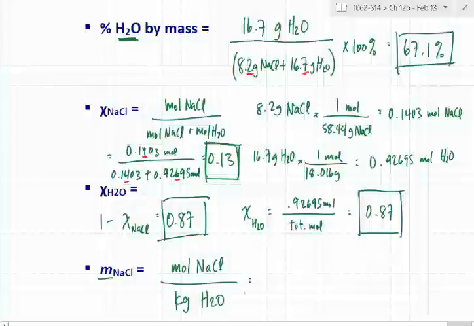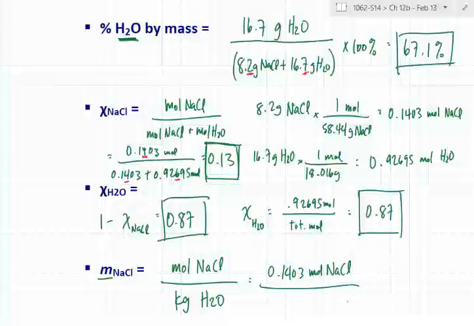So moles of NaCl, we had that was 0.1403. How many kilograms of water do we have? 0.16? 0.016. Careful. 1,000 grams per kilogram. So move the decimal point 3 times. 0.0167 kilograms.